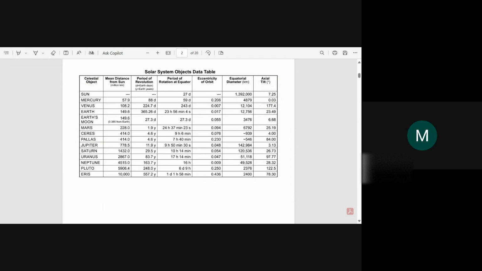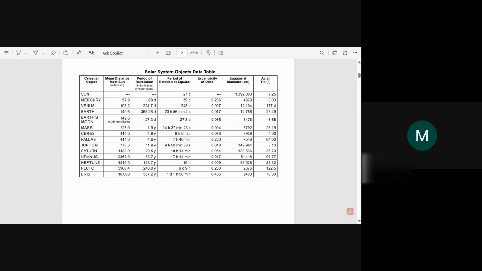Now, one of the facts to remember: the first set of planets, the first four, are your inner planets, or they also go by the terrestrial planets.